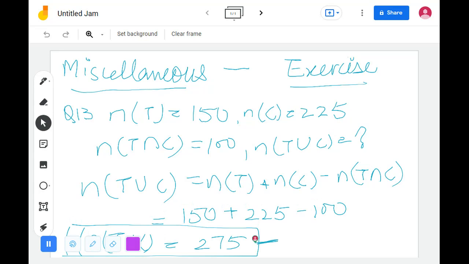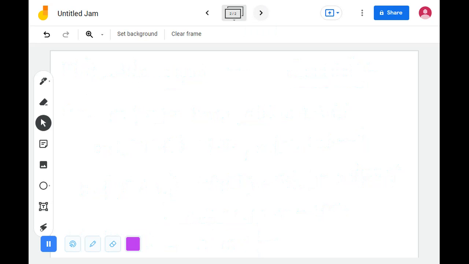Now we are moving towards how many students were taking neither tea nor coffee. This part we are now finding.